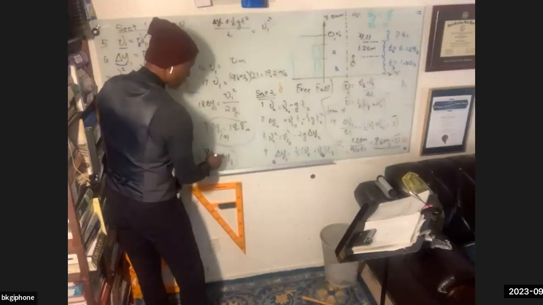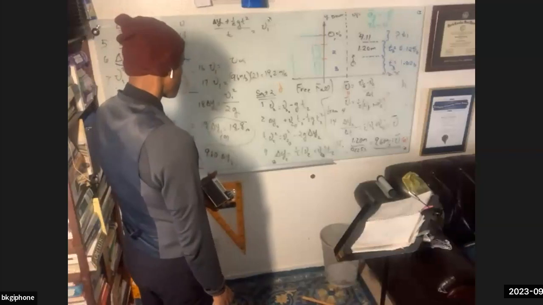What are you calling Y3? Y3 is going to be H, the total height of the building. Right. Okay. Yeah, because for the time, we added the 0.125 seconds, and then that distance that we have here, the 1 second.